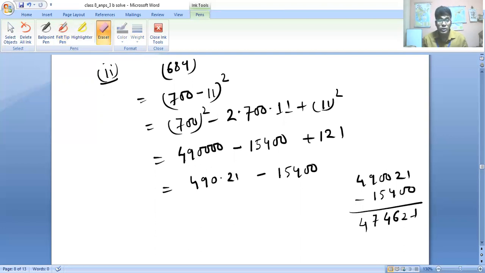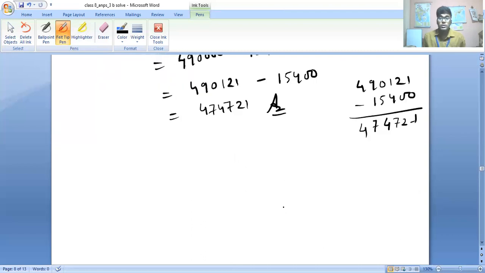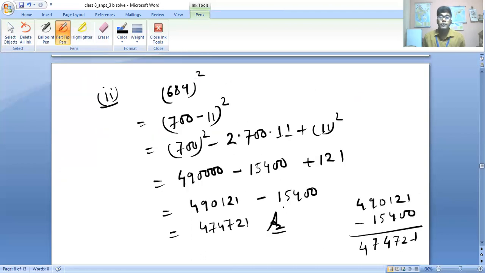So here it will be 1, and so here it will be 7. So we have 474721. And this brings our answer. Understood, students? Very easily. This is the whole sum, therefore.